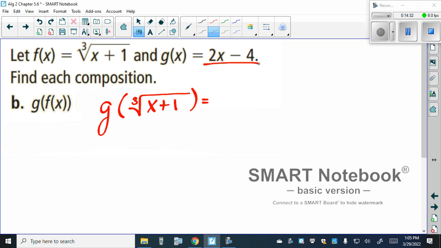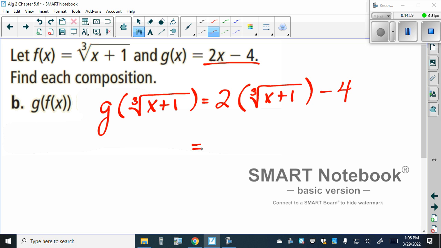But for this one, we're replacing x with our cubed root of x plus 1. In the function 2x minus 4, we're replacing x with the cubed root of x plus 1.